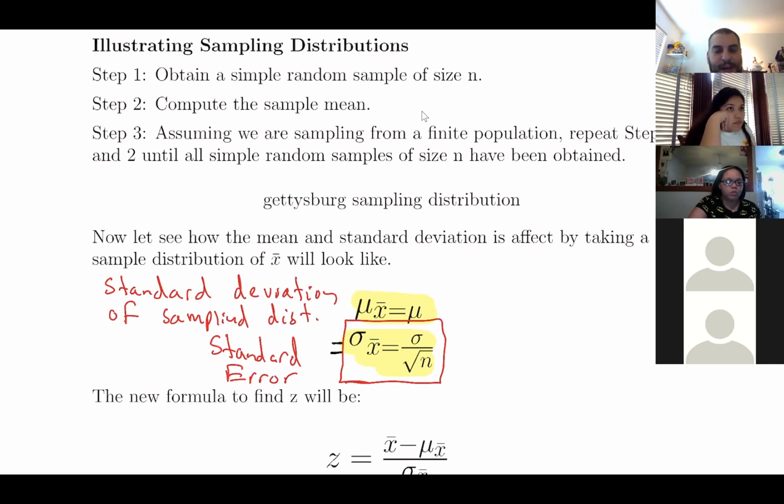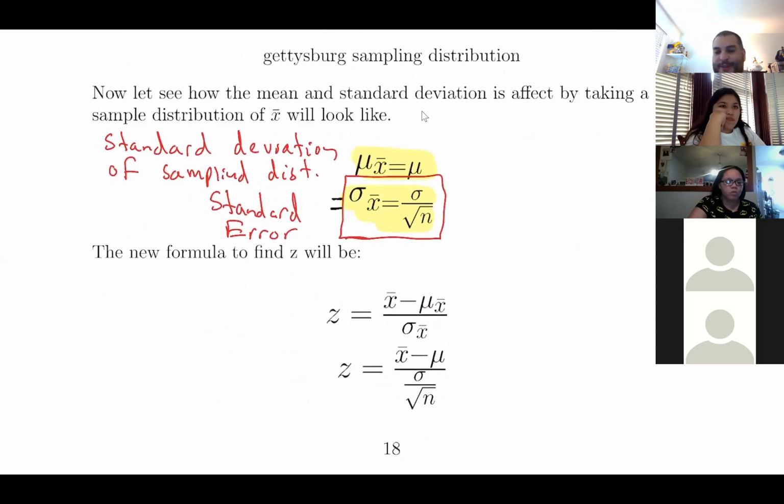So for this one, it shouldn't really affect our answer that much. The only thing we have to do is adjust the standard deviation, because now that we're taking a sample size greater than 1, the mean will still stay the same, but the standard deviation we will have to adjust.